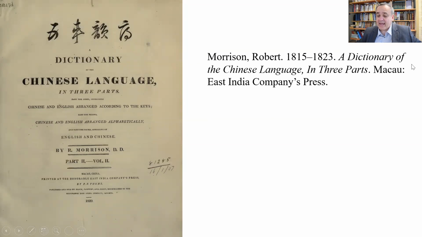It's published in Macau by the East India Company's Press. It's a large dictionary of the Chinese language, extremely well done and well received. It was reprinted several times, and it was basically a much needed tool at the time, when such tools were not readily available for the English language.